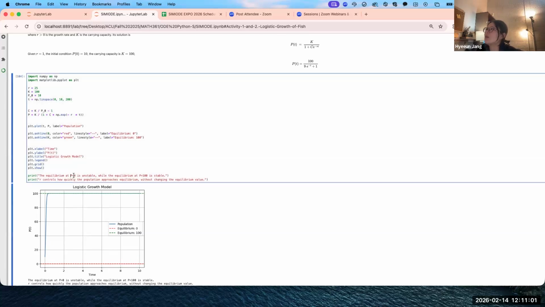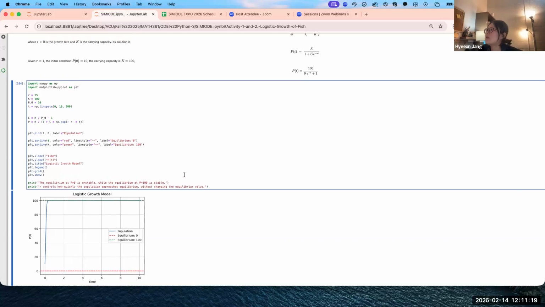So the equilibrium P equals 0 is unstable and the equilibrium 100 is stable, and R just controls how fast the solution approaches the equilibrium without changing the equilibrium value.